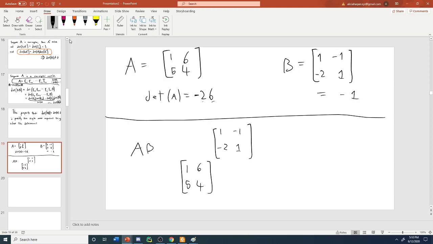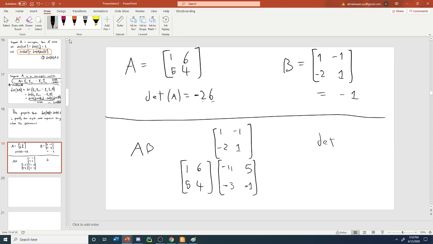And if I take this matrix multiplication, I'm going to get -11, 5, -3, and right here I will get -1.